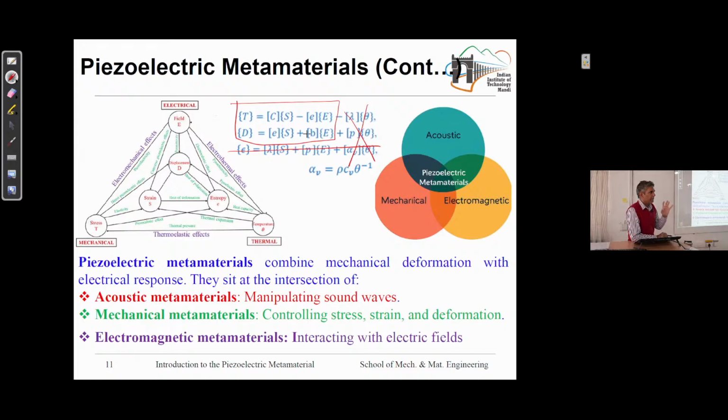But the piezoelectric metamaterials are actually the interface between these three domains: acoustic, mechanical, and electromagnetic metamaterials, right? How it is, you can see from this picture, right? Of course, you are already aware of this with this discussion.